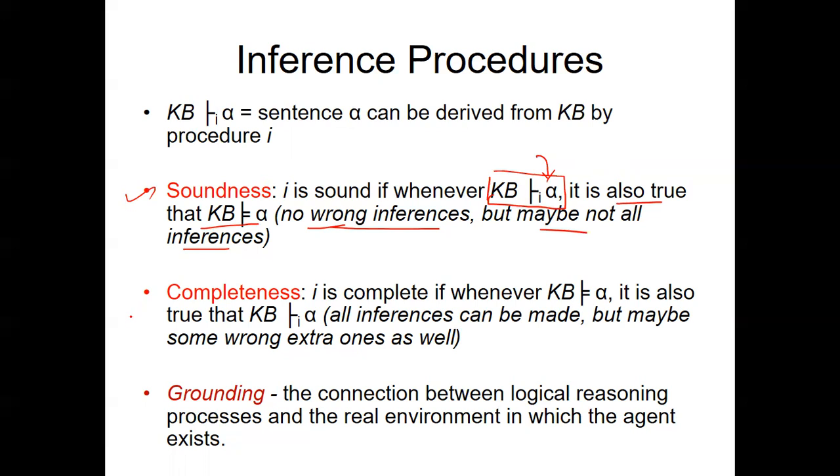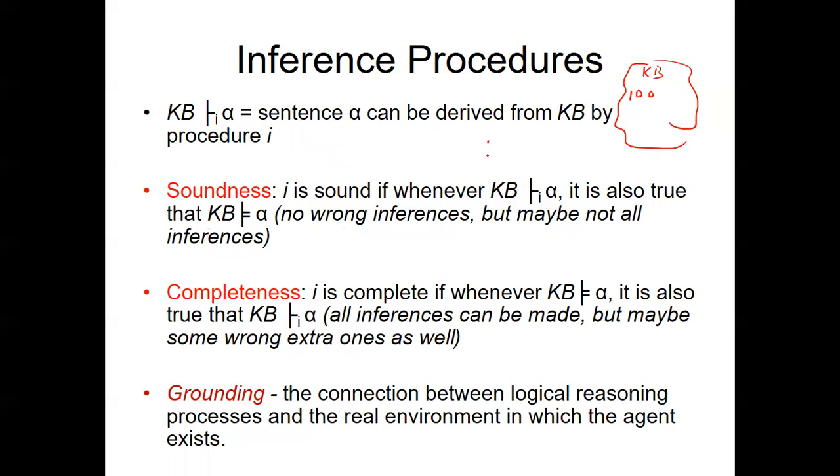And when will we say the algorithm is complete? The inference algorithm will be said to be complete if it derives all possible sentences from KB. Say that from KB, totally we can derive 100 sentences.